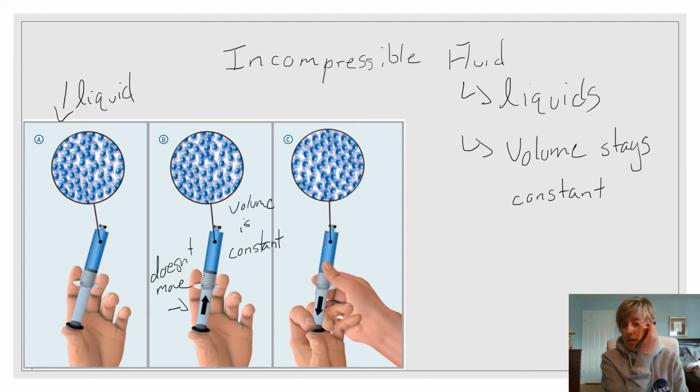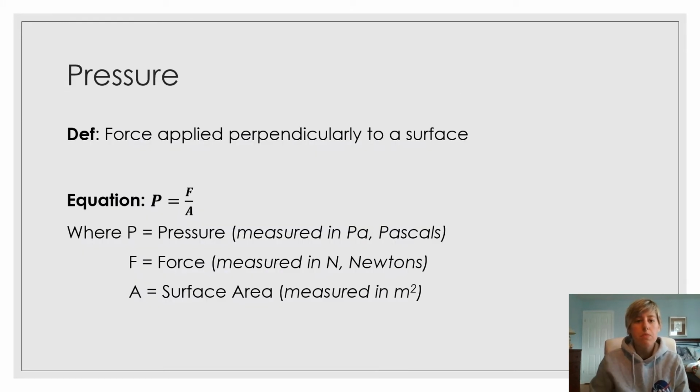So now that we've talked about fluids and what are different types of fluids, we're going to be moving on towards our definition of pressure. So pressure is defined as a force applied perpendicular to a surface. Now remember, perpendicular means at a 90-degree angle. So if something is perpendicular, I have a 90-degree angle separating my two surfaces.